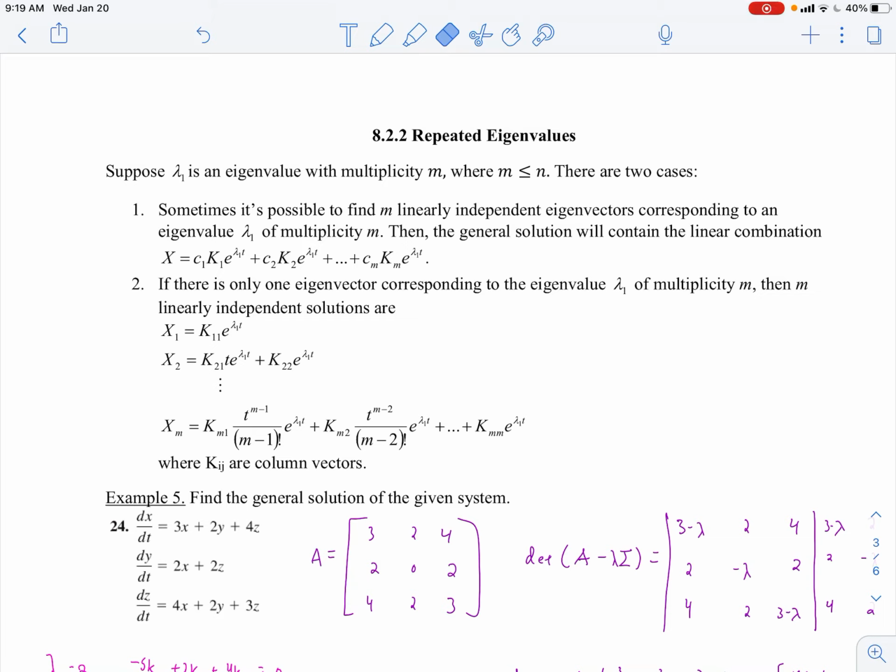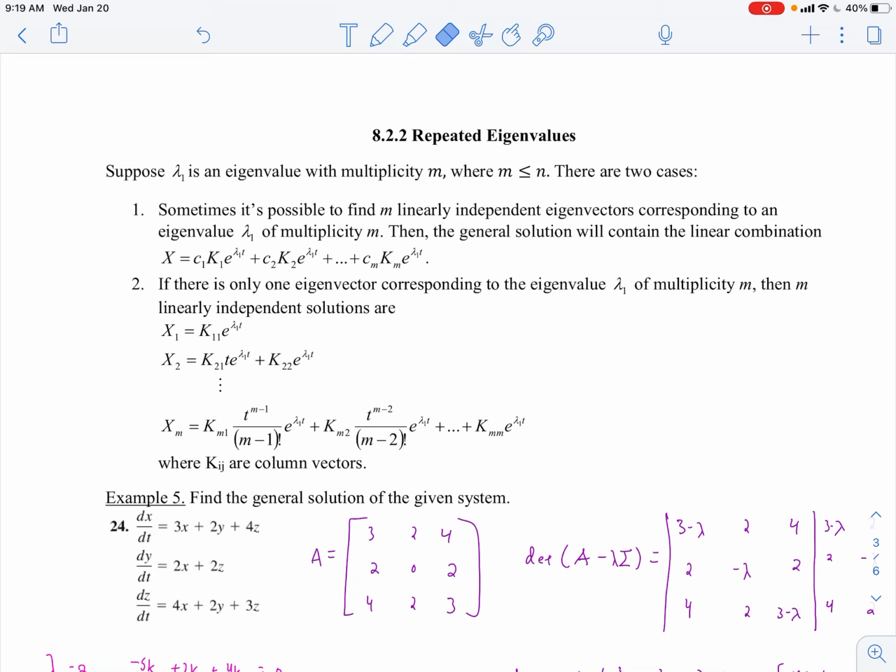So suppose lambda sub 1 is an eigenvalue with multiplicity m, where m is less than or equal to n. There are two cases. Sometimes it's possible to find m linearly independent eigenvectors corresponding to an eigenvalue, so lambda sub 1 of multiplicity m.